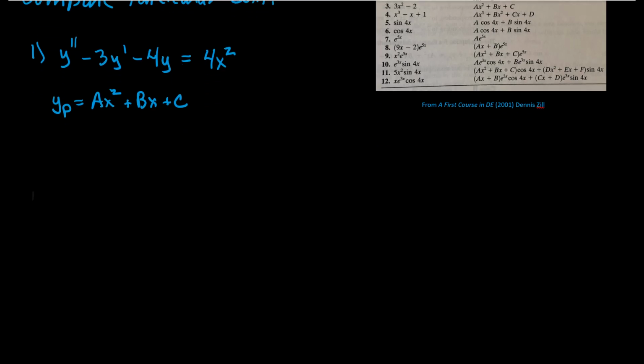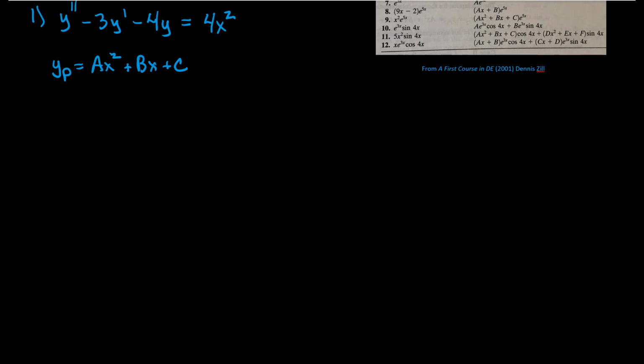In order to substitute the values into our differential equation, we also need to compute the derivative of our particular solution, which is going to be 2ax plus b. And then we also need to compute the second derivative of our proposed particular solution, which is 2a.